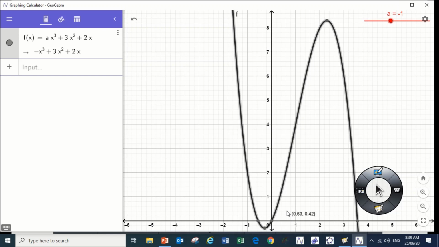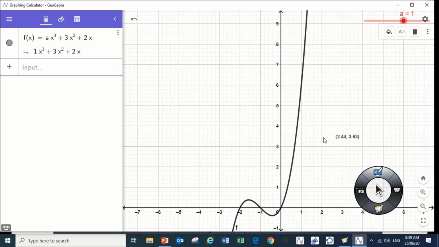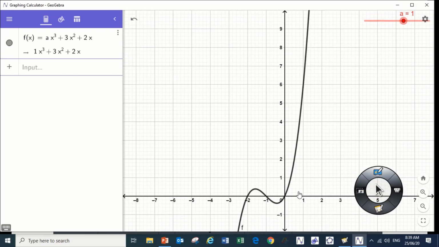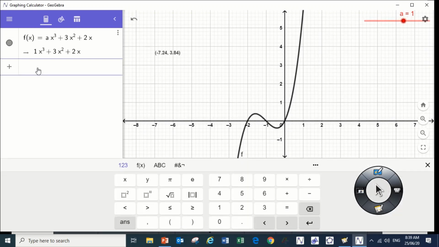Now we've got a minimum, then a maximum. So that's very important, knowing the effect of the value of a. I'm going to take it back to a equal to 1. Now, let me add the first derivative. I'm going to call it g of x.